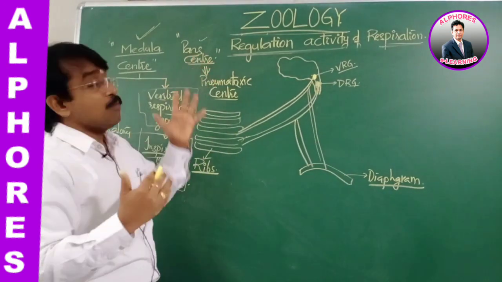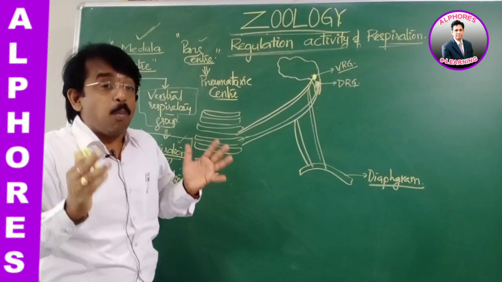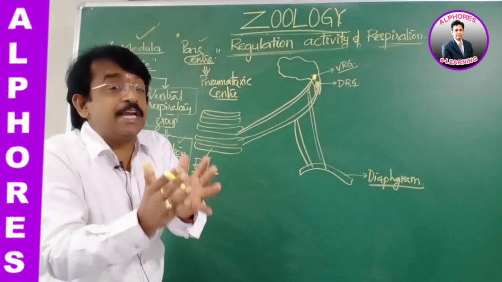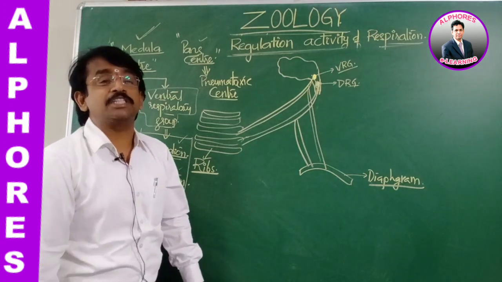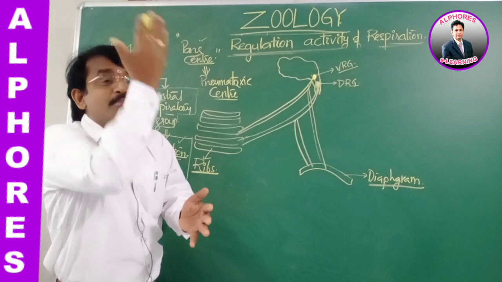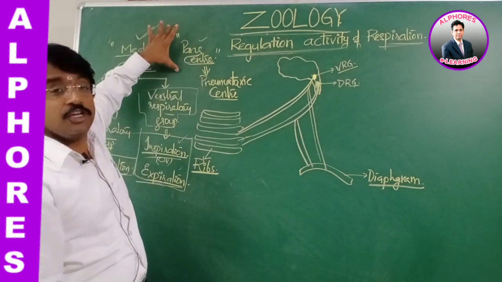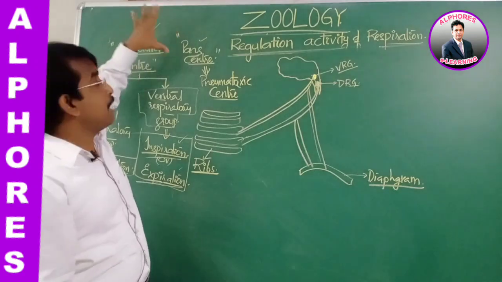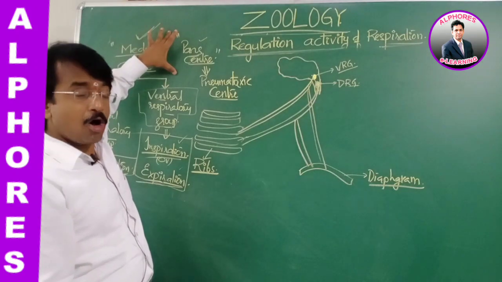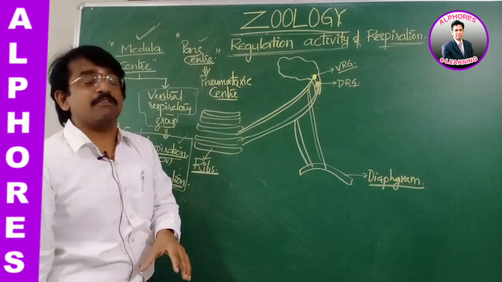So, the pneumotaxic center present close to the pons is what reduces the duration of inspiration. When the duration of inspiration is reduced, breathing becomes continuous. That's what we see: the pneumotaxic center present close to the pons is reducing the duration of inspiration.